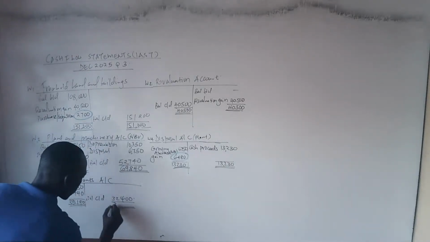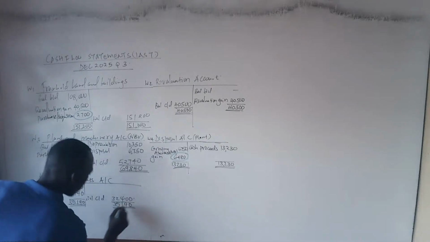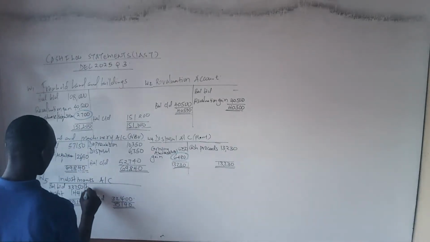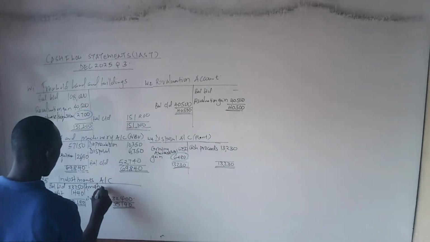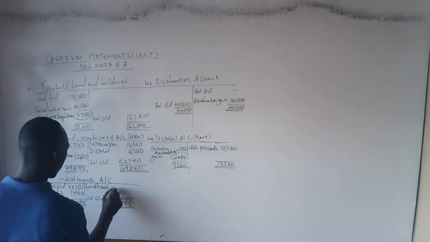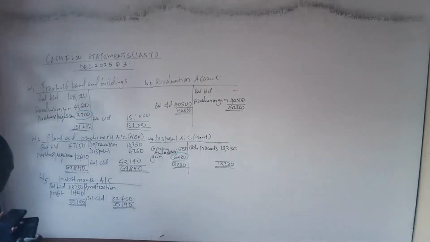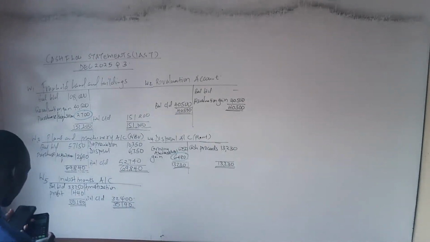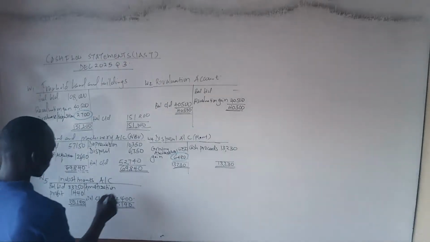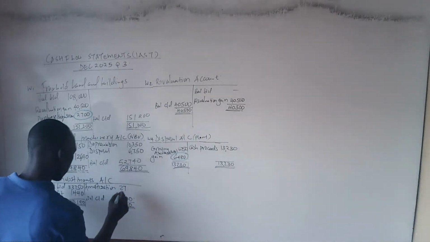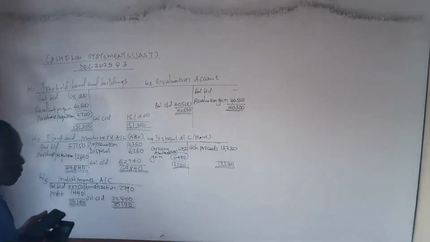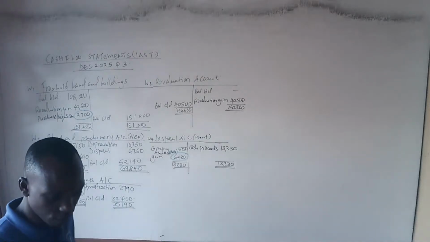Then we have the amortization, the difference, so minus 32,400. We are going to have amortization of 2,790.